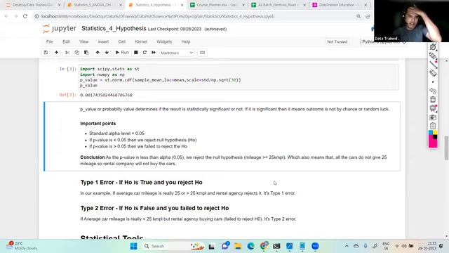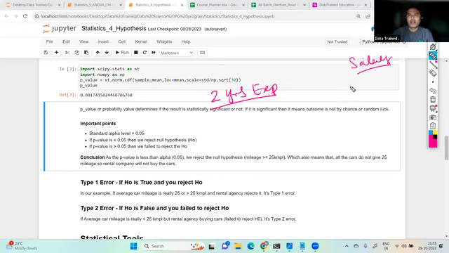Only the salary discussion is pending, which is going to happen tomorrow. So how much can I expect? Let's say you have 2 years of experience, and you ask how much salary you can expect. Now I will say that you will get 6 lakh per annum. Based on my past experience, I will say 6 lakh per annum you're supposed to get.